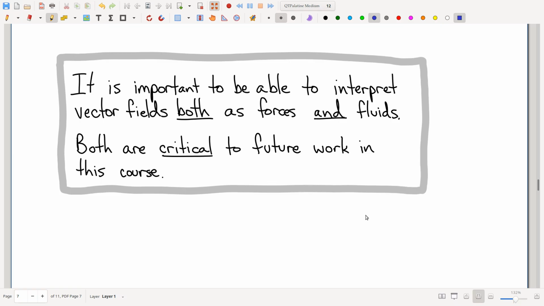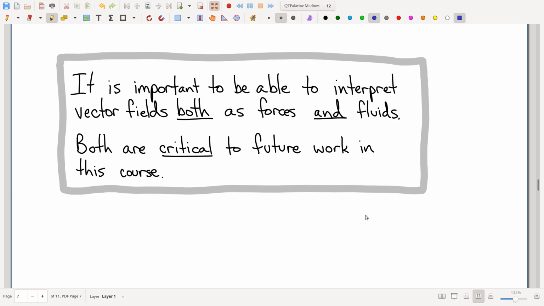And which one they prefer varies by student. But there's a lot of students that decide, you know what, in this class, I'm just going to think about all vector fields from the point of view of, again, one or the other of these. And I just want to point out, you really can't do that. That's not a winning strategy in this course.